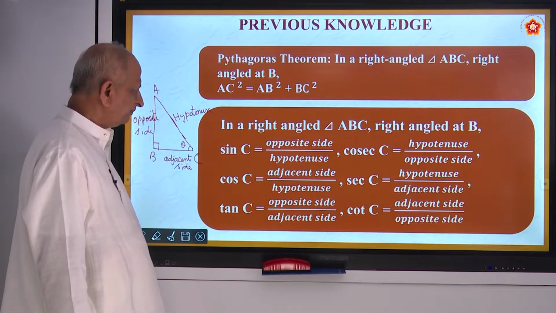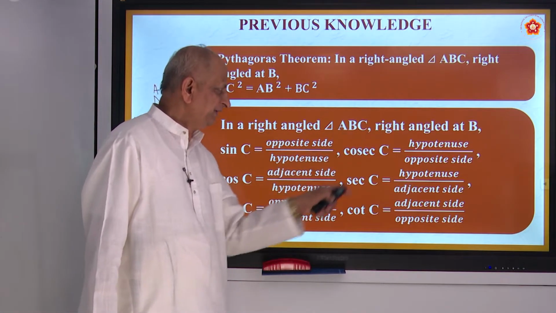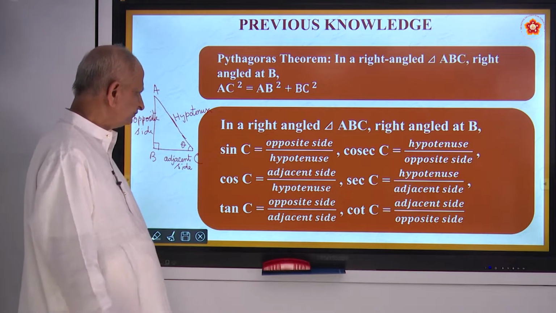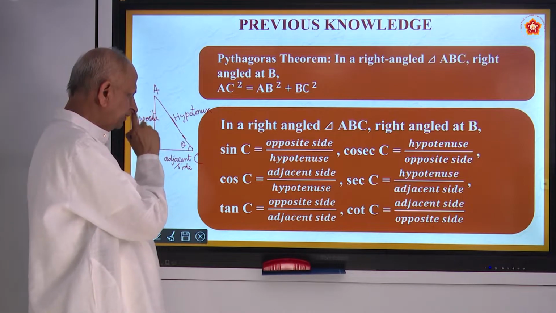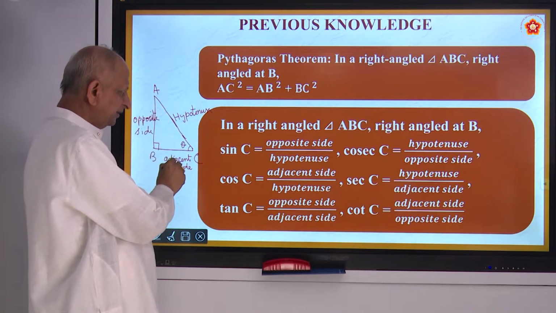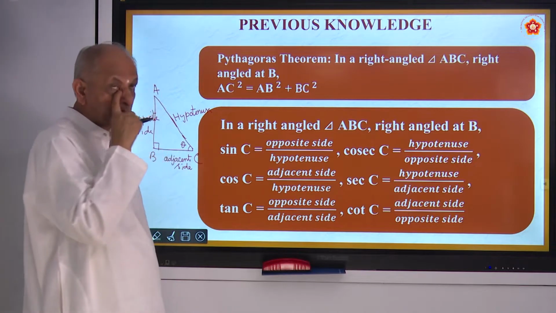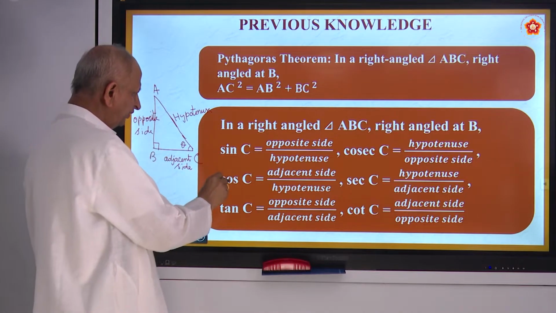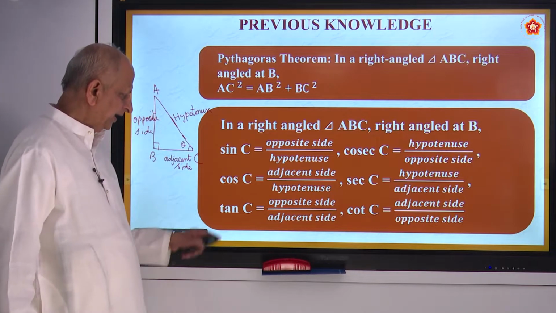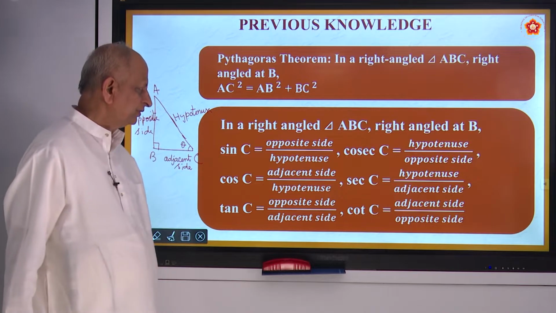And also you have seen in the previous class, the right angle triangle ABC, right angle at B, sine of angle C, suppose you call it theta, sine theta is equal to opposite side by hypotenuse. And cos of the angle is adjacent side by hypotenuse. Tan of angle C is opposite side by adjacent side.